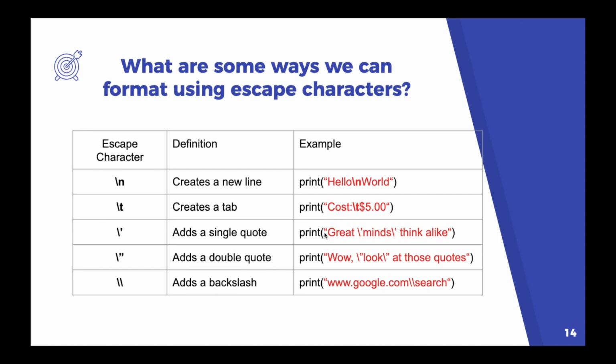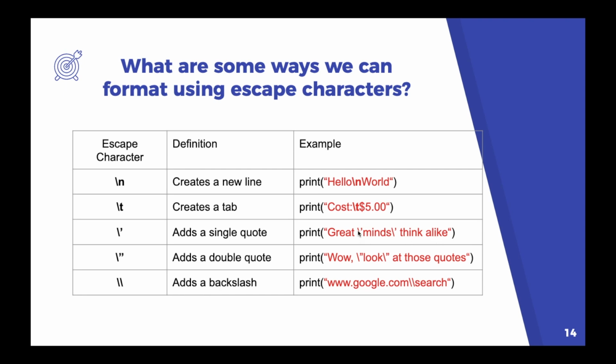And then if you notice, because we use the backslash and because we use quotation marks, in order to keep the quotation marks, you have to format it a specific way. So we use backslash single quote and backslash double quote to keep the quotes inside of our prints. So I have my first example that says great minds think alike.